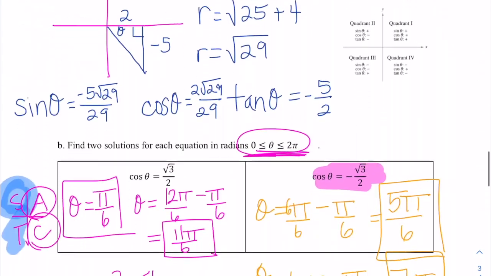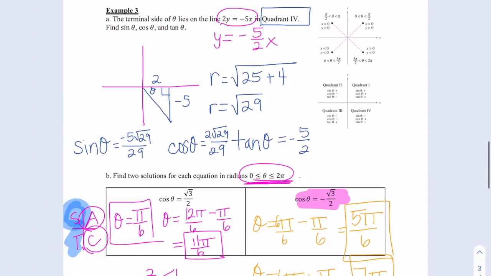And lastly, looking at these relationships, we can always go back to the unit circle, to special triangles. There are a lot of ways to solve these, and we also know the trigonometric identities. So whichever method works best for you, try that.